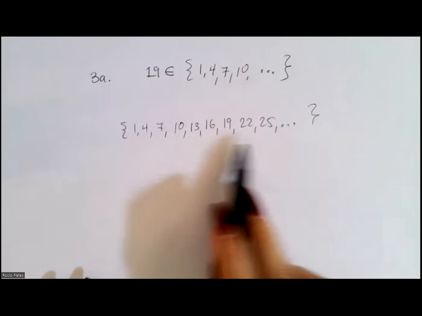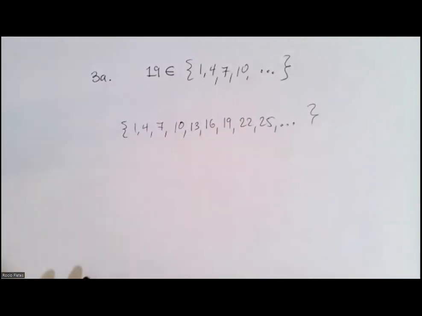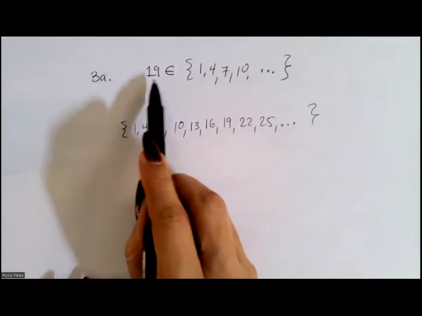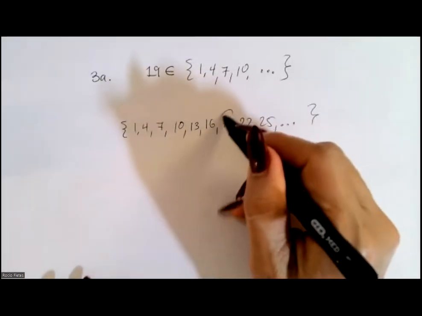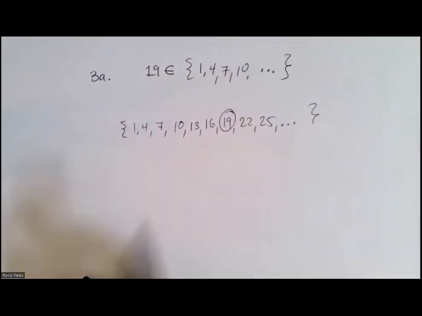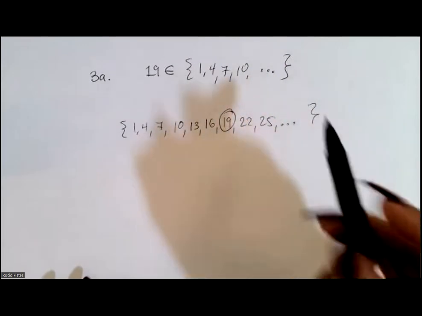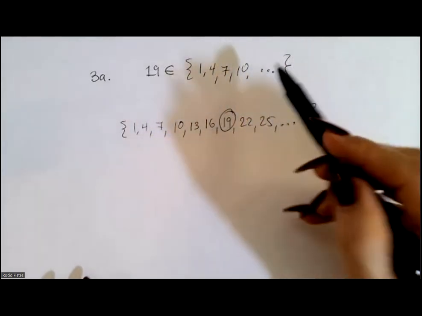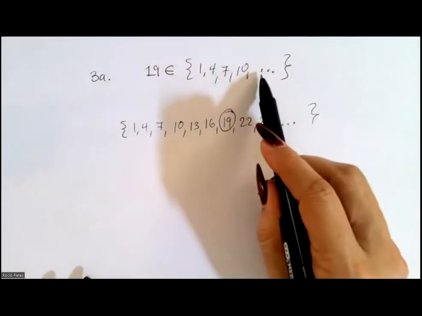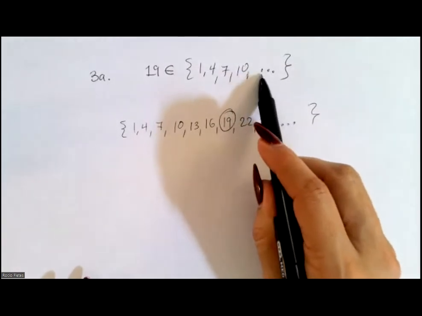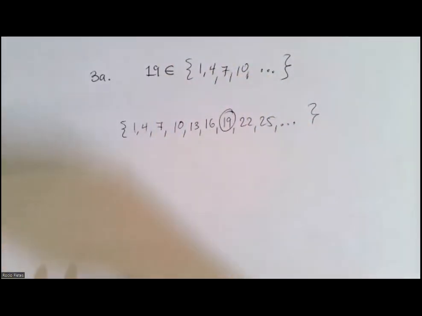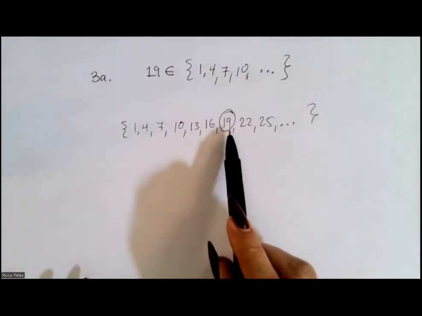So this is an infinite set, but the question here is, is 19 an element of the set? And we see that, yes, it's in there. We didn't write it. We don't have to. We are letting the reader know that this set continues because after this comma, there's 3 dots, which tells the reader it continues. So this is an infinite set, and 19 is an element of this set, right?